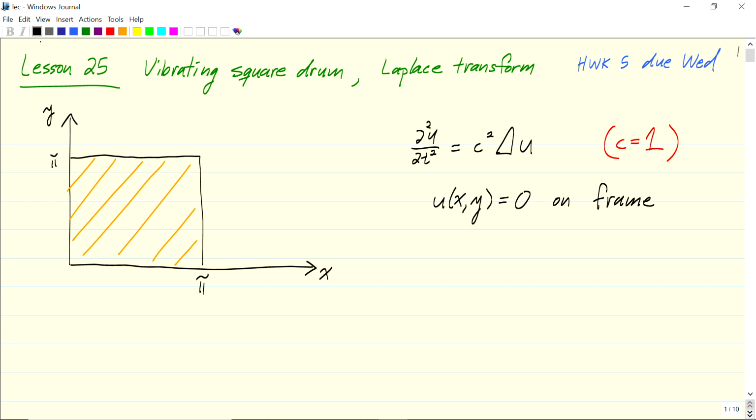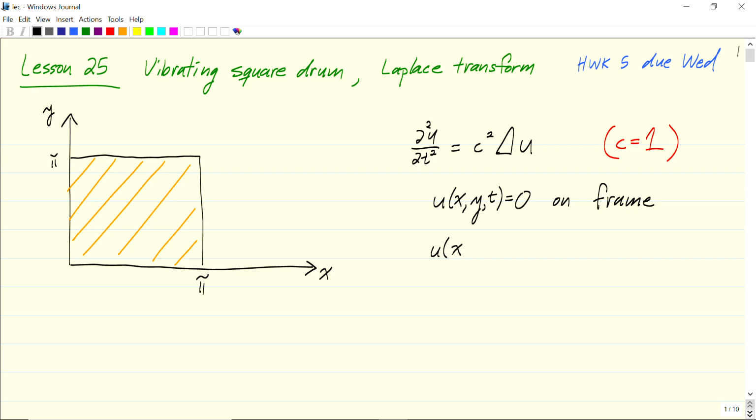And then, if this is a drum, you've got to whack it with a stick. And whacking with a stick would displace the drum head, so you have a displacement at time 0, and also it would give it an initial velocity. So to make this problem reasonable, u of x, y, t is always 0 on the frame.